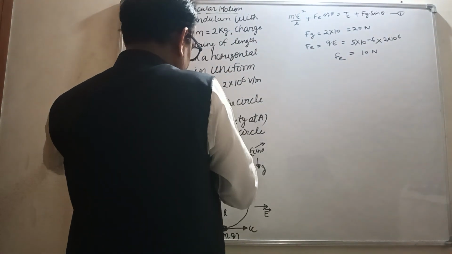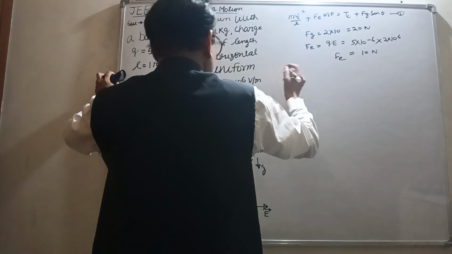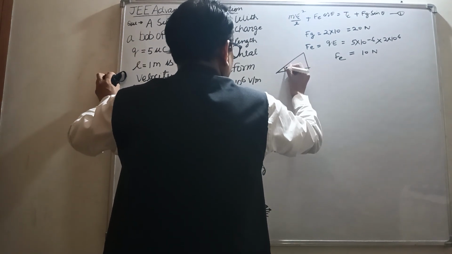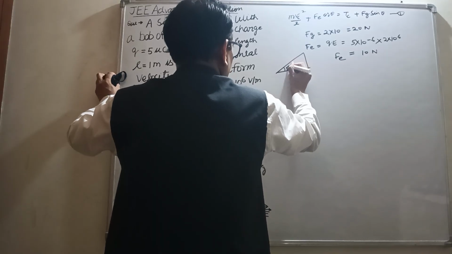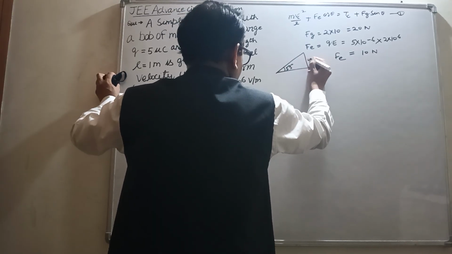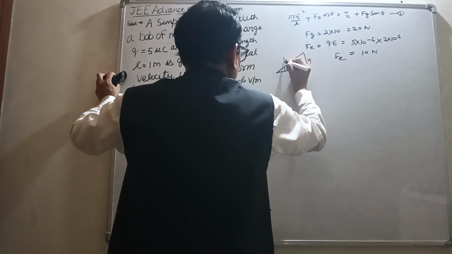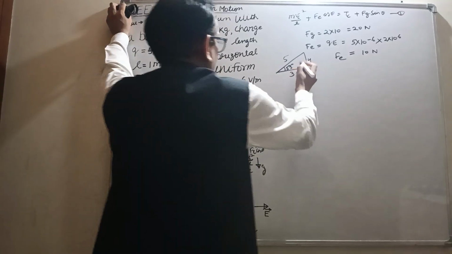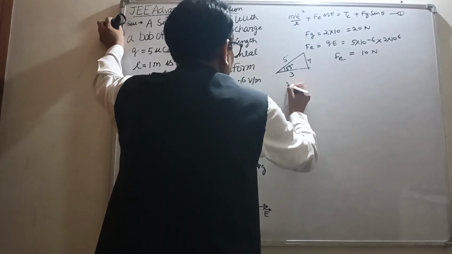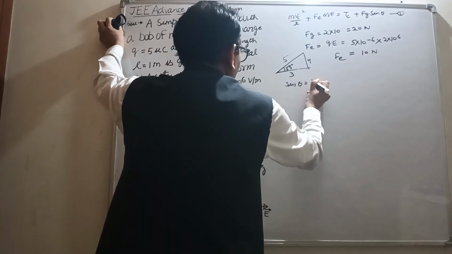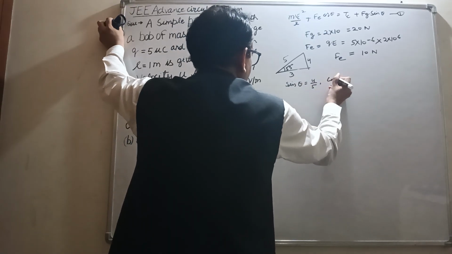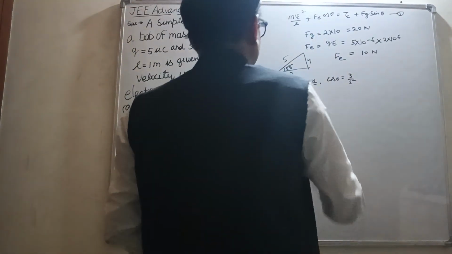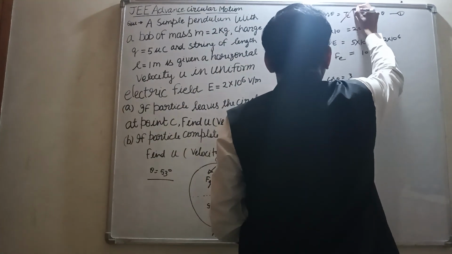And cos theta: theta is 53 degrees. We know 53 degrees, so this would be 4, this would be 3 and this would be 5. This is a standard triangle. So we write sin theta would be 4 by 5 and cos theta would be 3 by 5. So placing the value here, mv and tension becomes 0 here.